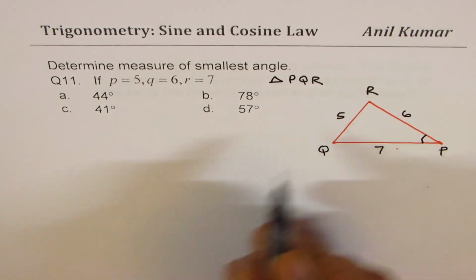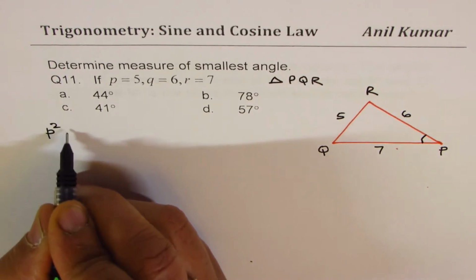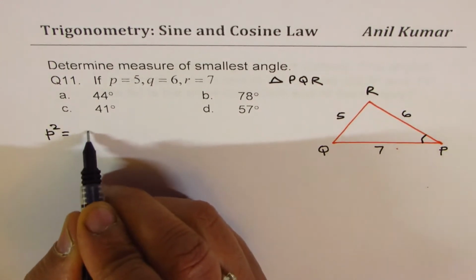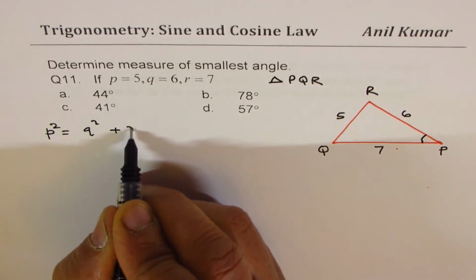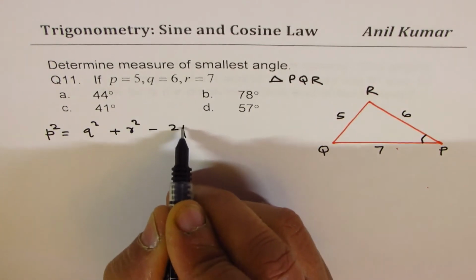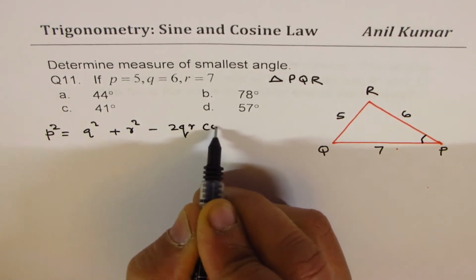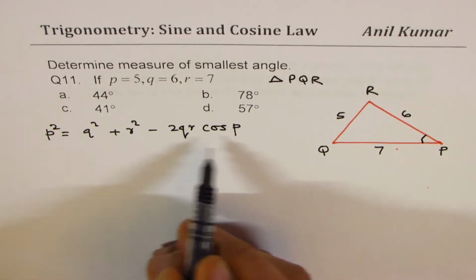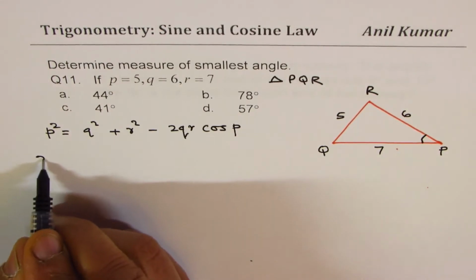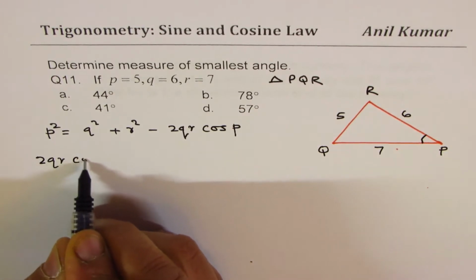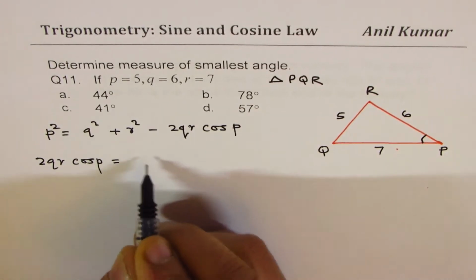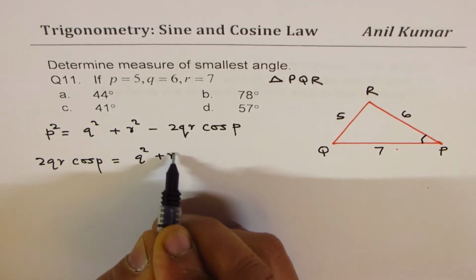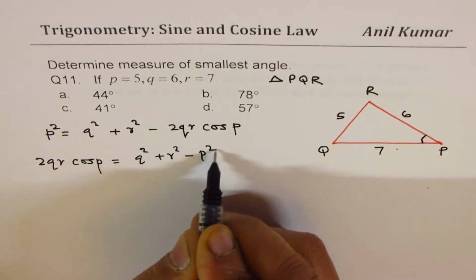Now we know that P square is equal to Q square plus R square minus 2QR cos of angle P. We can rearrange this cosine law formula. So we get 2QR cos of P is equal to Q square plus R square minus P square.